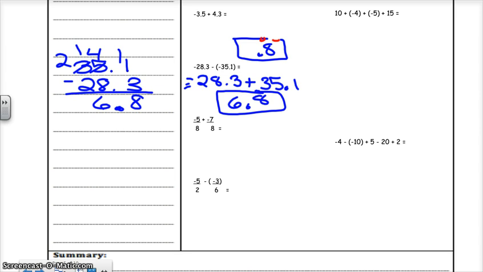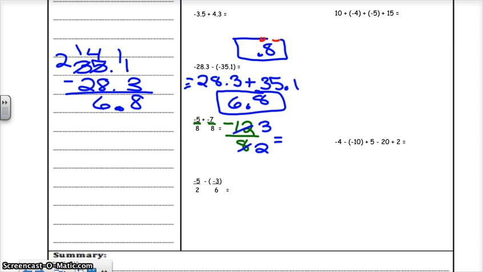Negative 5 plus negative 7, they're the same sign. So I add them up. 5 plus 7 is 12. Keep it the sign they were over the denominator of 8. Now I know we leave it improper, but we want to leave it in the most simplified improper form. So 12 over 8 both share a factor of 4. 12 divided by 4 is 3. 8 divided by 4 is 2.